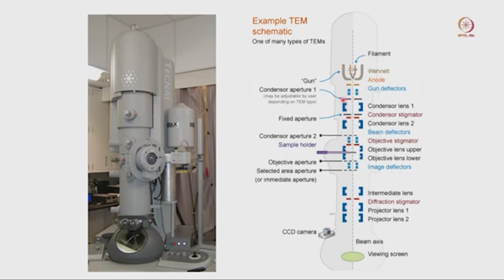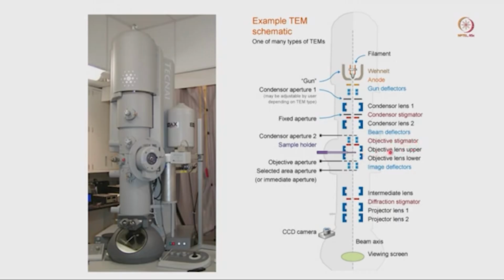Now after the anode we have a gun deflector. After the gun deflector we have the condenser aperture and condenser lens system. You can see there are two condenser lenses, condenser lens 1 and condenser lens 2, and for a 300 kV microscope we have one extra condenser lens, called condenser lens 3. Then again there will be a beam deflector, then the objective astigmator, then the objective lens.